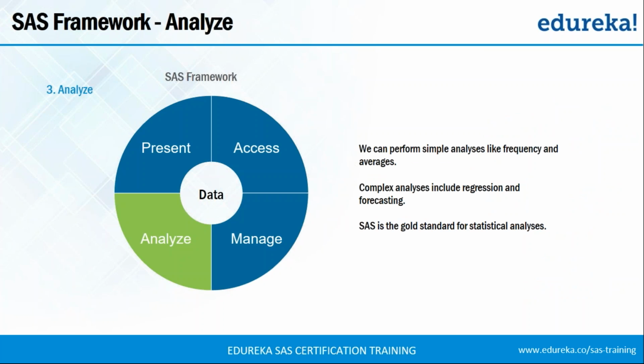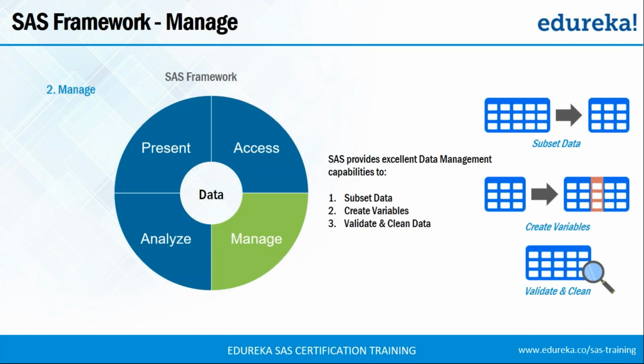We can perform simple analysis like frequency and averages, and complex analysis including regression and forecasting. SAS is the gold standard for statistical analysis. Variables in SAS are like the columns, as we call them in the table. And each row in SAS is called an observation.